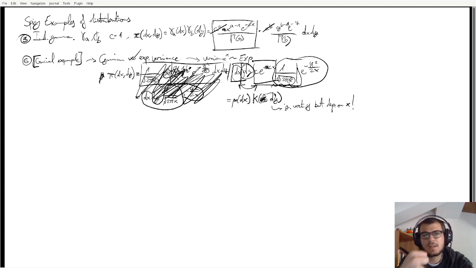But we still are interested, as I mentioned before, in the joint distribution of the process. And this is why we want to focus on this object right here, which will be called transition kernels or transition probabilities.